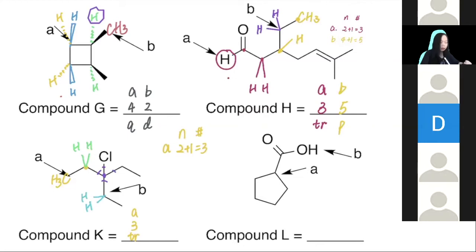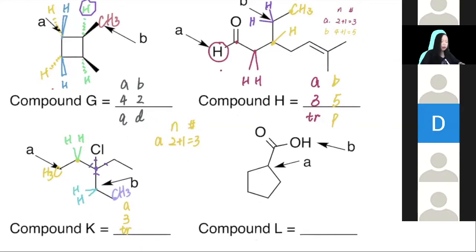Then the only possible neighbor is this light purple carbon, and there is a CH3. So for proton B, I have 3 neighbors, and I just need to plug into the n+1 rule that B is going to be 4 peaks, and this is a quartet.